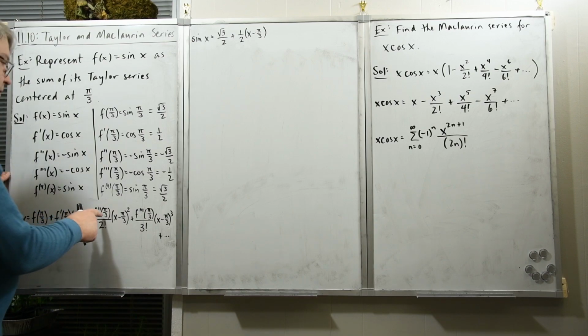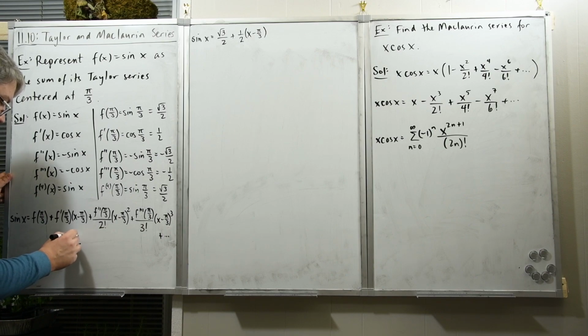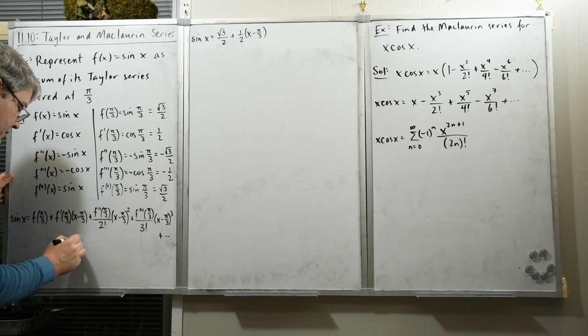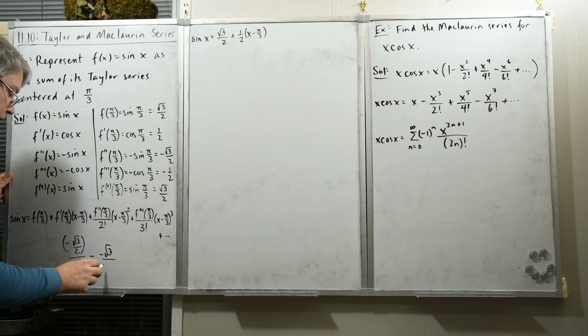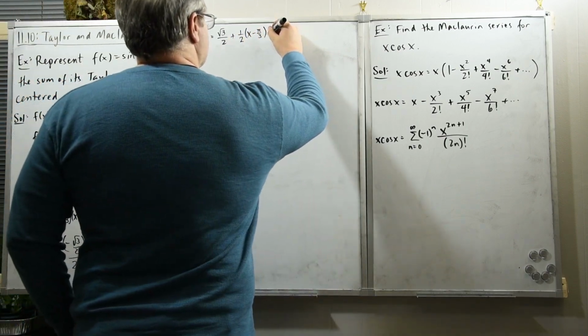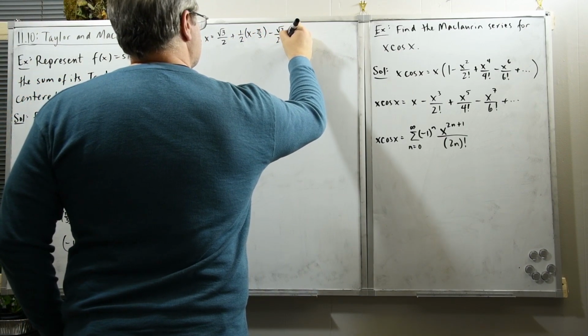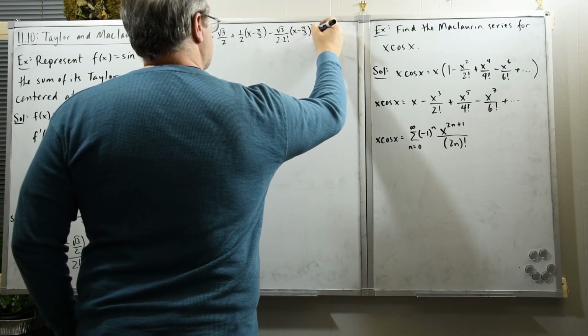But your f double prime of pi over 3 is negative root 3 over 2. You put that over 2 factorial. Another way you could write this is negative square root of 3 over 2 times 2 factorial. That's just a different way to represent it, and so I think that's how I'm going to do it here. So minus square root of 3 over 2 times 2 factorial times x minus pi over 3 squared.